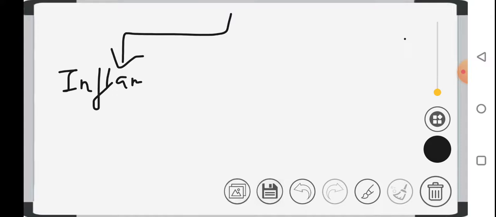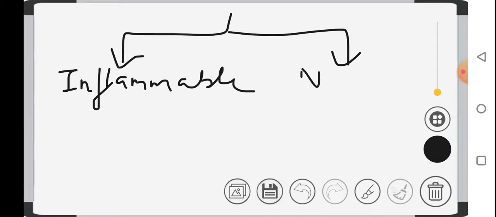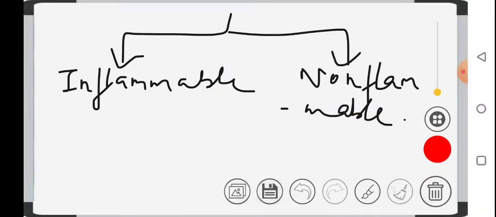It must be given in your book, children, whichever board you are. Now, what are inflammable substances, children? Inflammable substances means those substances that catch fire easily.